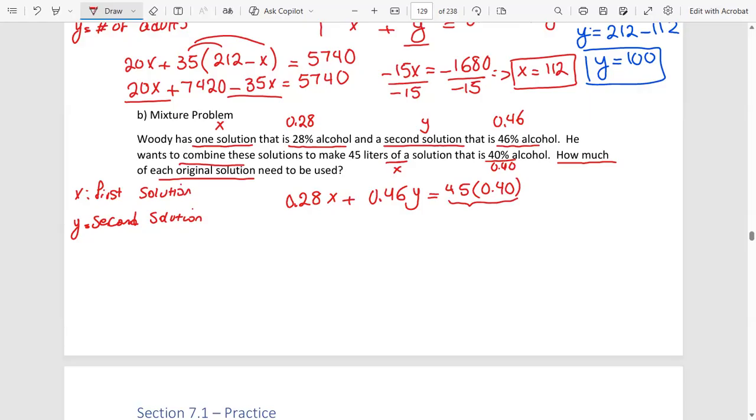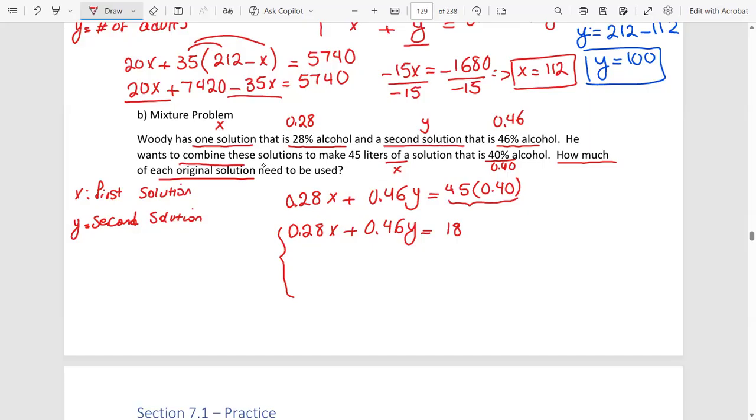And if you multiply 45 by 0.40, we get 18. So this is only the first equation. I need another equation as well. How can we find the next equation?